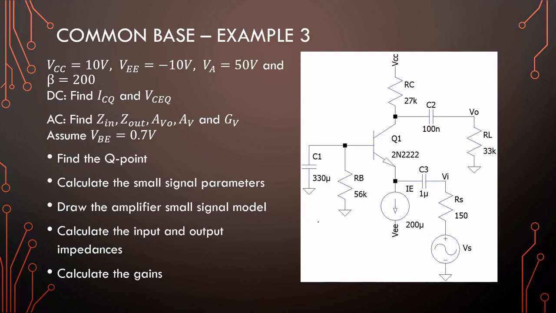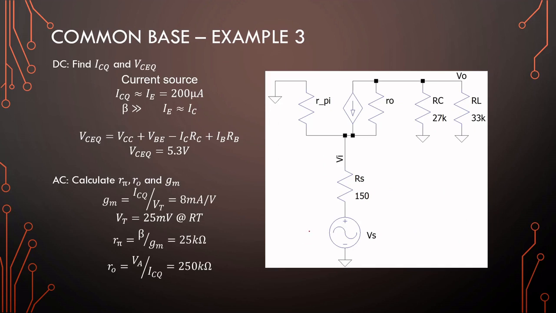Okay, so this current source will disappear. This will become a ground, but it doesn't matter. That will become a ground. This resistor will disappear due to this capacitor. And other than that, everything in this problem will remain the same.